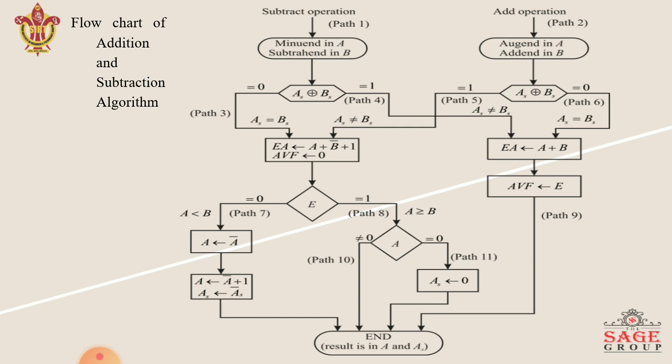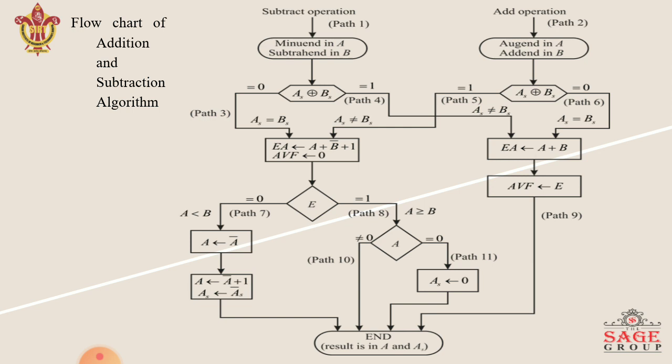The same thing we apply in the addition algorithm, and we compare the signs AS and BS, and this is the XOR operation, just remember that. So if we get different signs and the output is 1, we follow path number 5 as mentioned in the flow chart, and if the signs are the same, then we follow path number 6.